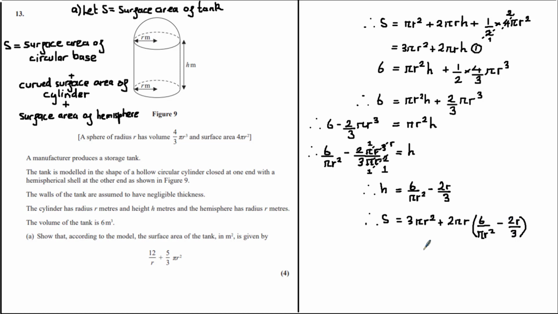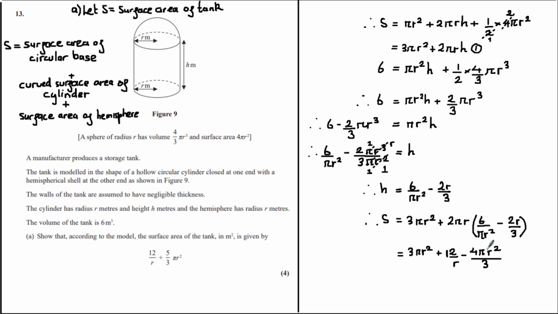Multiplying out the brackets, we get that this is equal to 3 pi r squared plus 12 over r. We get the 12 by multiplying 2 and 6. The pi's would cancel, and the r we get in the denominator comes from multiplying this r by 1 over r squared. Multiplying 2 pi r by negative 2r over 3 gives us negative 4 pi r squared over 3.